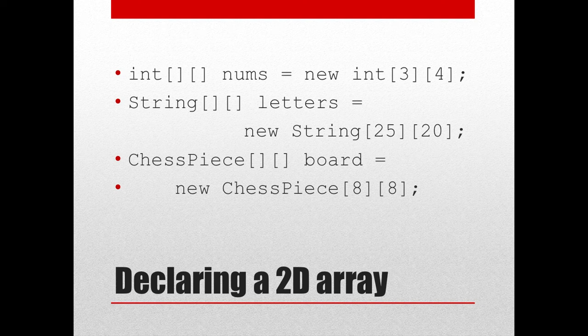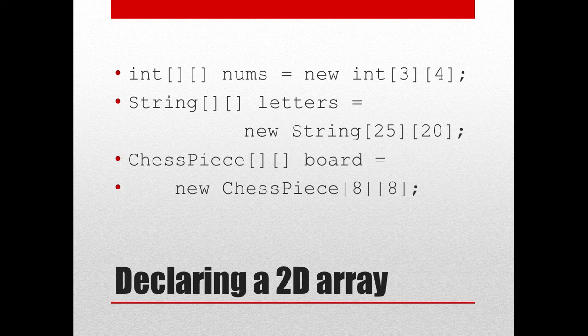And then just like last semester where we made an array of some new type you've never seen before, look at the last bullet, chess piece bracket bracket bracket bracket board. That's a two-dimensional array of chess pieces. And then I say equals new chess piece bracket 8 bracket 8. That would be a square two-dimensional array because it's the same number of rows and columns. That'd be an 8 by 8 two-dimensional array of chess pieces.